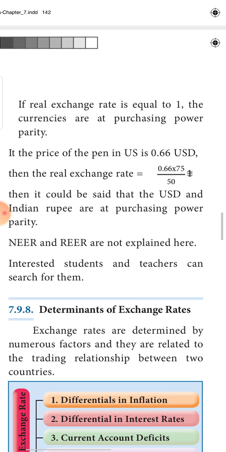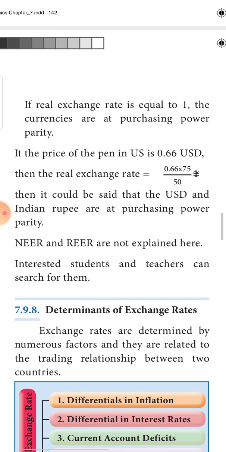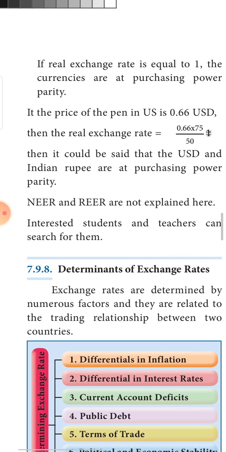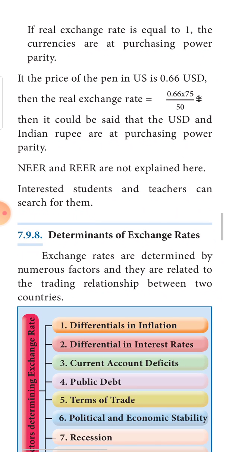When you go with this, you get the value 1. If that is the case, it means that there is purchasing power parity between these two countries. It can be said that USD and Indian rupees are at purchasing power parity. Parity means equalization. Both the countries enjoy equal purchasing power.